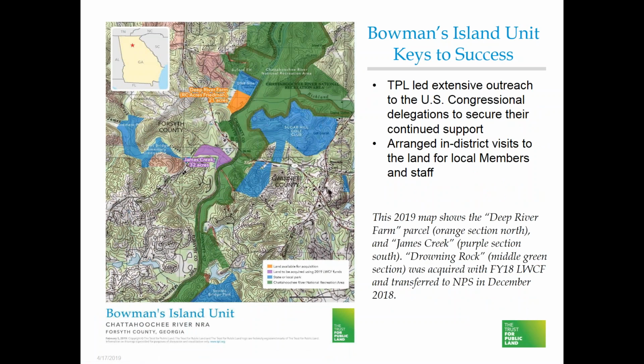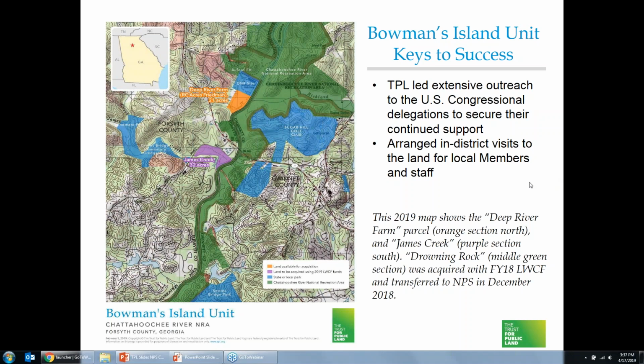Right, so you can see that this is the same area as the previous map, but the middle section, which is the Drowning Rock parcel, that's the parcel that we were able to acquire in December of last year. And so we were able to use FY18 LWCF money for that. The top parcel, as you can see, we're anticipating LWCF FY20 for that.